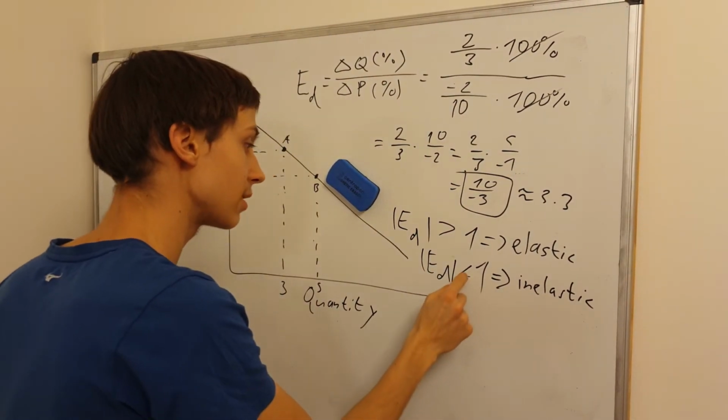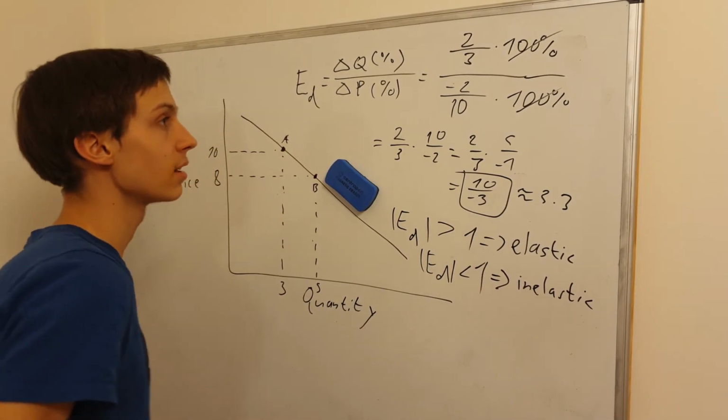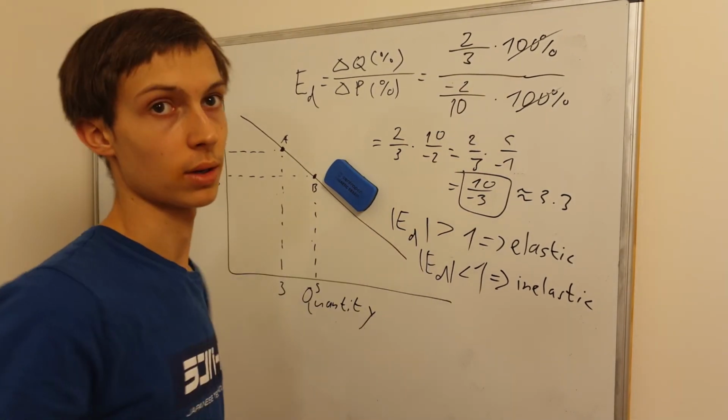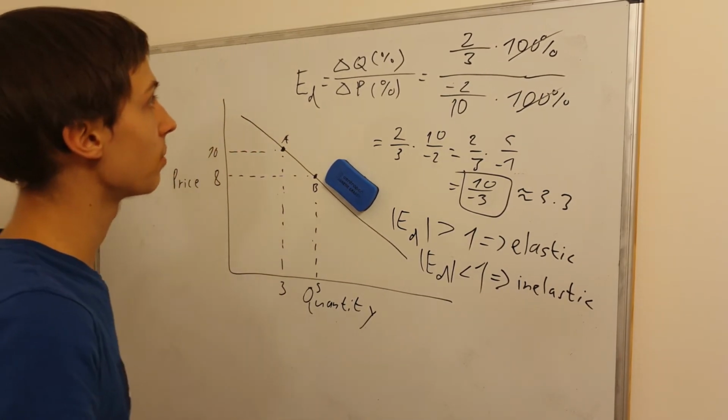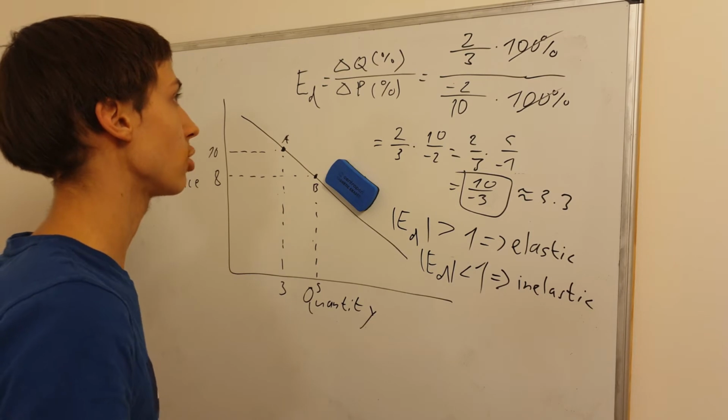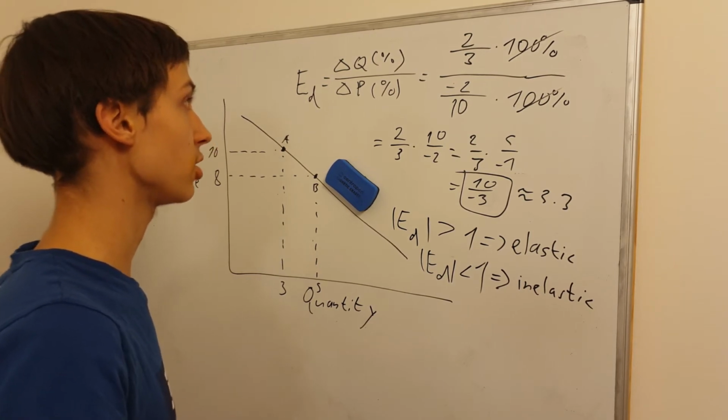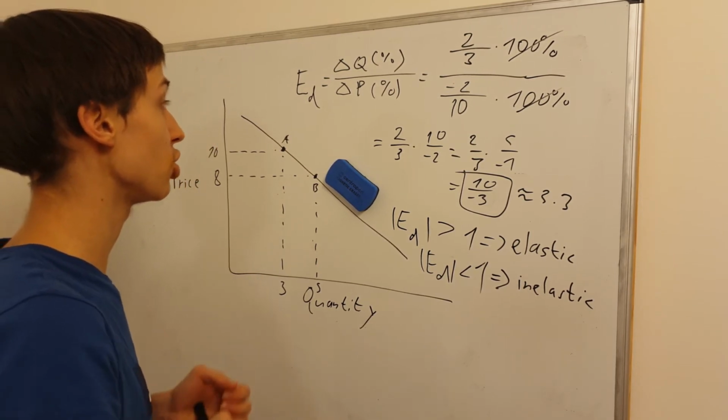And if it's smaller than 1, that means that the second one is smaller than the first one. Okay? So that's all it says. That the percentage change in quantity is smaller than the percentage change in price.